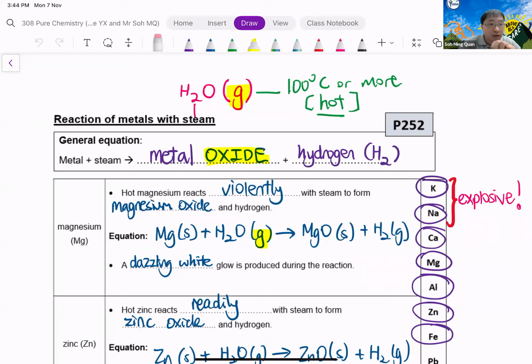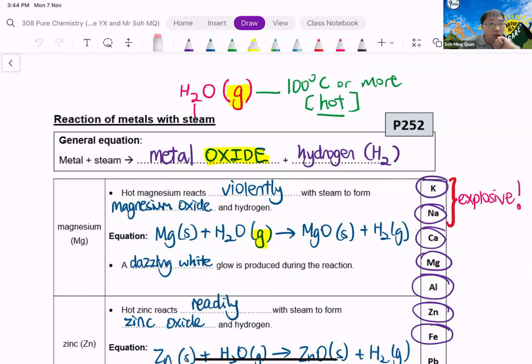As a result of that, when you use steam, you realize that more metals can react. Just now, only the top four metals can react. Now, all metals until iron are able to react with steam. This goes to show that steam, higher temperature, does promote the reaction of the metal with steam.